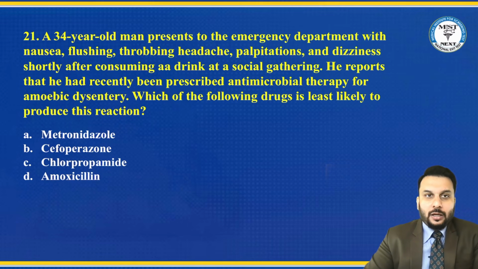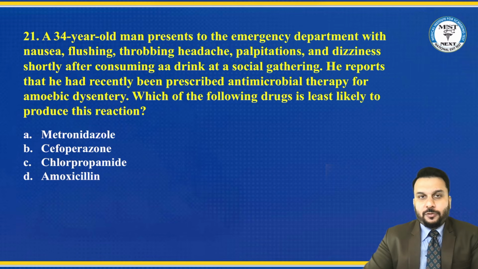Okay. Next question is, a 34-year-old man presents to the emergency department with nausea, flushing, throbbing headache, palpitations, and dizziness shortly after consuming a drink at a social gathering. He reports that he had recently been prescribed antimicrobial therapy for amoebic dysentery.